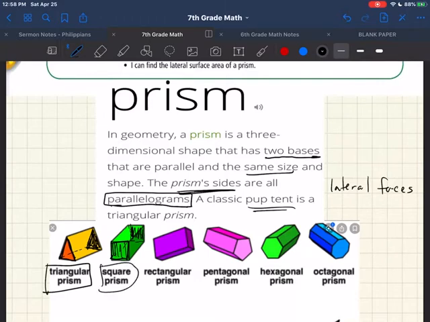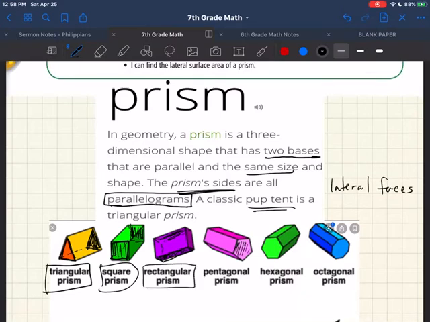Since these bases are, let's see which ones are my bases here. I'm not even sure. Let's say this is kind of a funky one. If this base right here and this base right here are rectangular, then that is a rectangular prism.